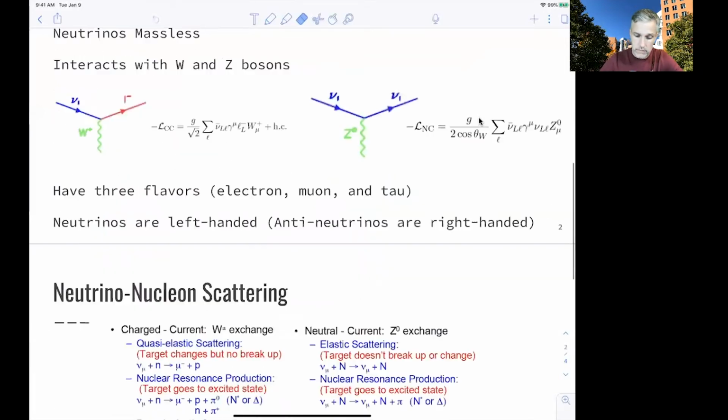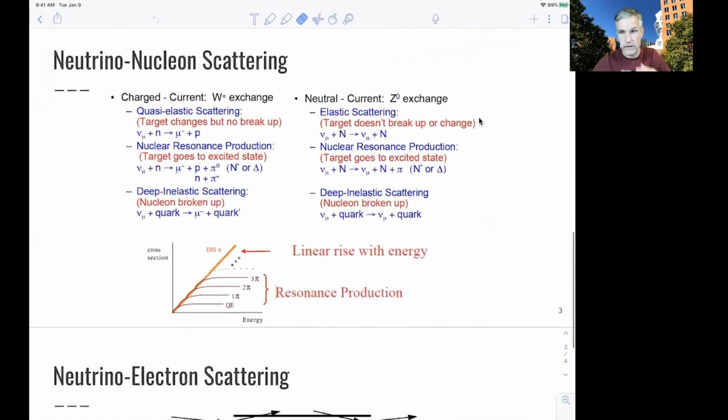In the framework we set up, we can calculate cross-sections, scattering cross-sections. And here we are looking at neutrino nuclei scattering. Again, we can split this up in the charged current and neutral current discussion, but they go very much in parallel.